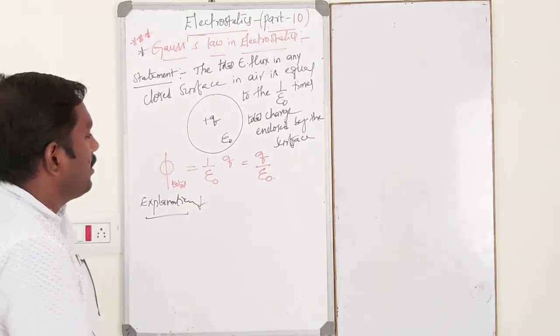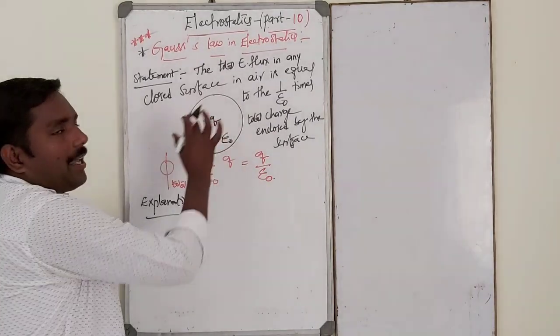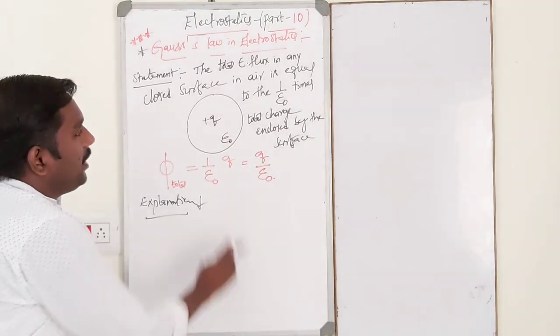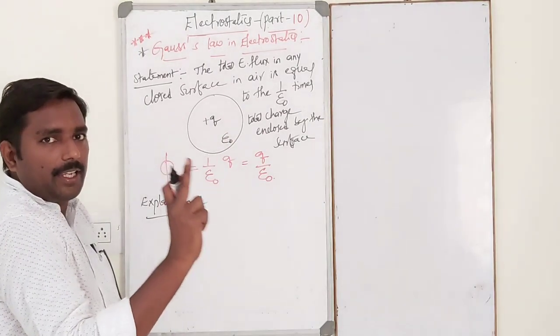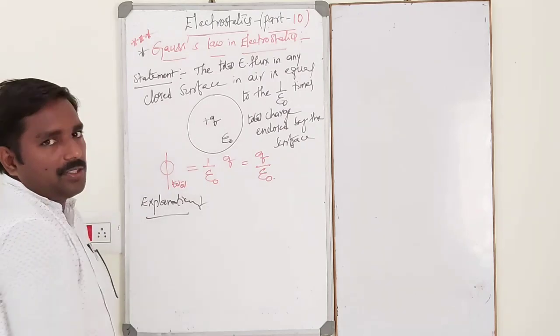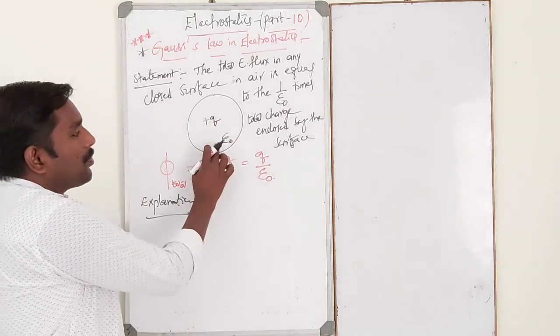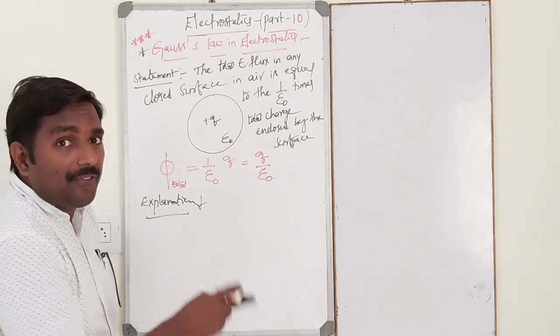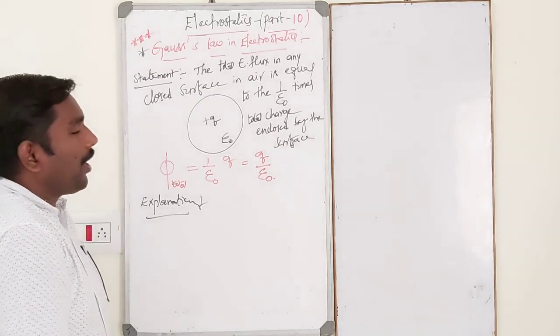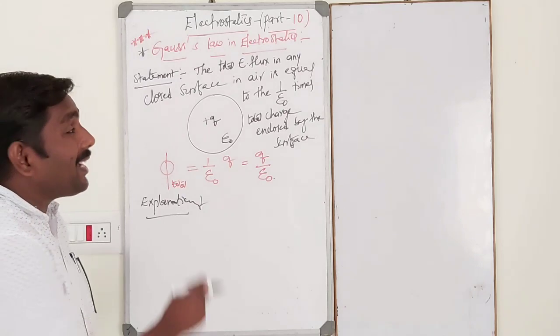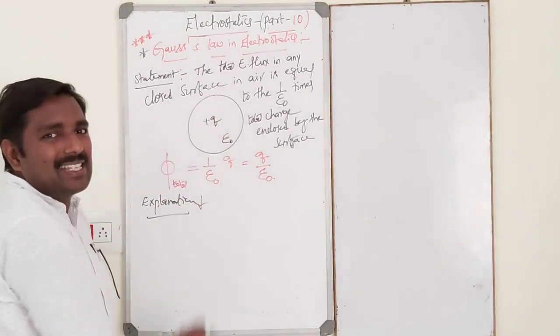Let us consider a surface. Inside the surface, a single positive charge is placed in air or vacuum. Epsilon naught is the permittivity of free space or vacuum. According to Gauss theorem, what is the electric flux in this surface?